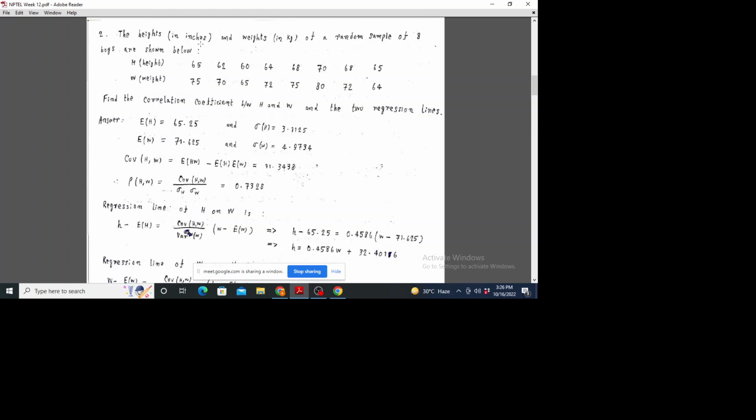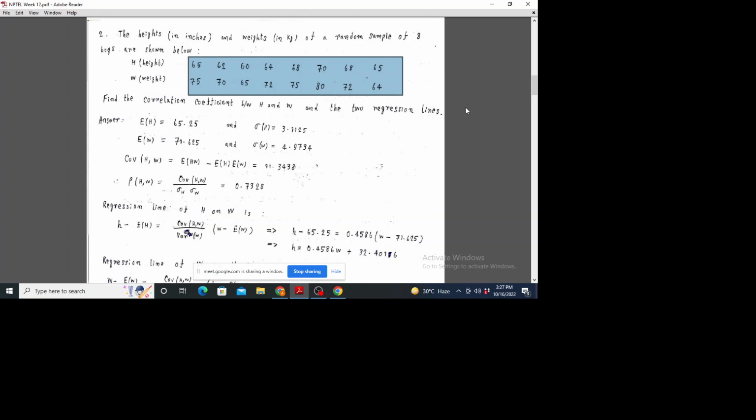Heights are given in inches and weights are in kgs. That doesn't matter. This is the table of height and weight, and we have to find the correlation coefficient between height and weight and the equation of the two regression lines.